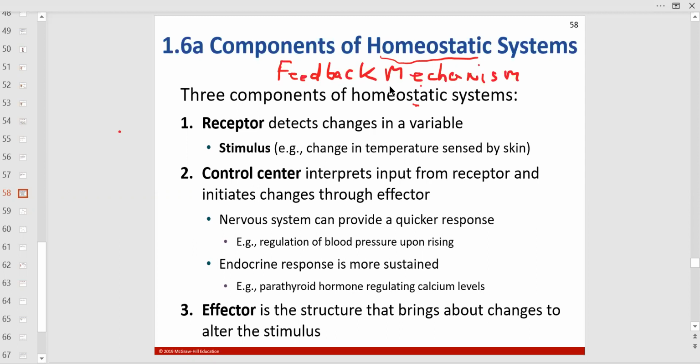So if your body temperature needs to be raised, it'll raise the body temperature within the homeostatic range. It won't go above it, and it'll turn off. And that's the negative part, turning off the initial output. And positive does the opposite. It enhances the initial output and keeps doing it without a shutoff mechanism, which is appropriate for something like childbirth.